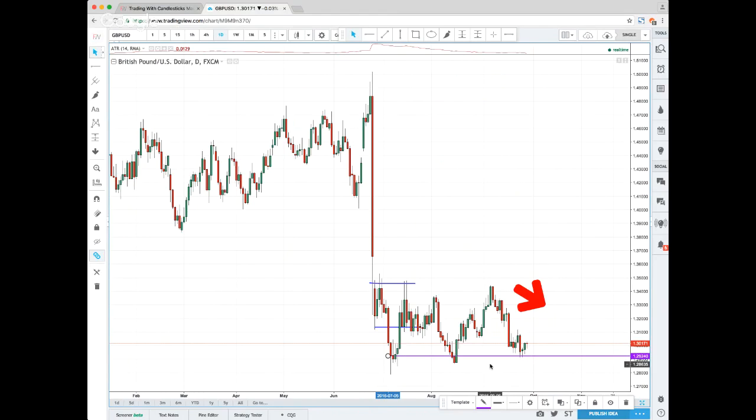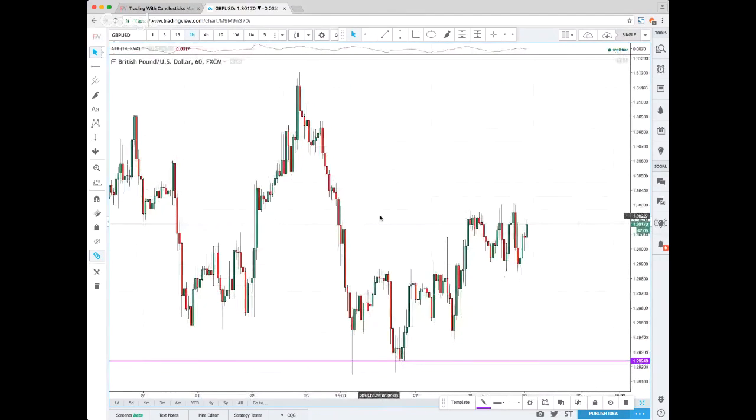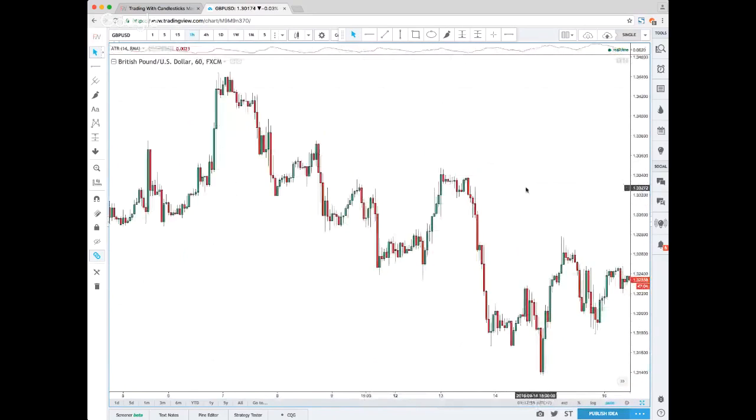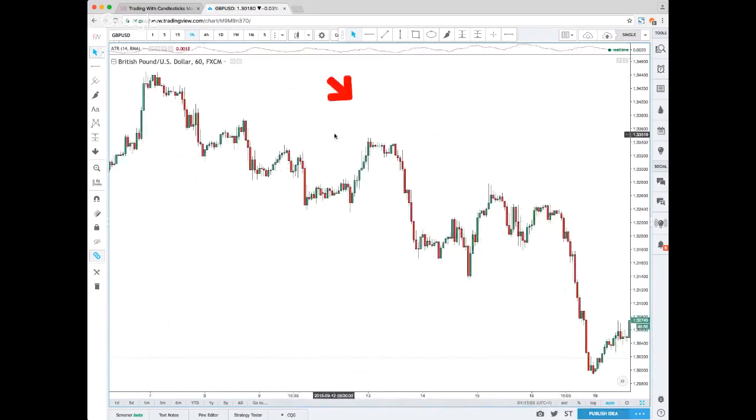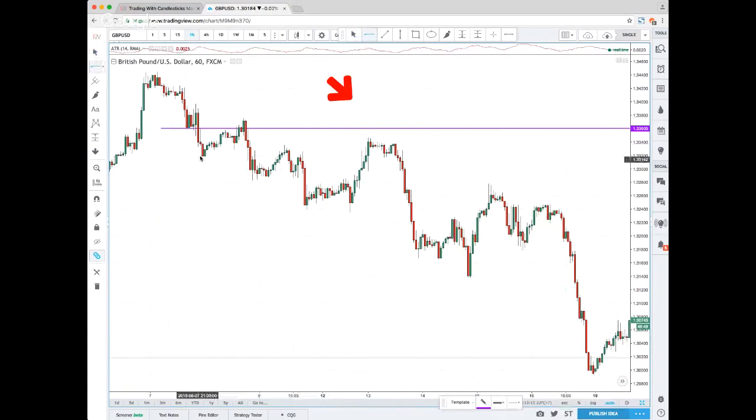Okay, so let's take a look back at the 1 hour, and let's look at this downtrend that we were just looking at. Okay, this is the one. Now in this downtrend, let's go over all the support equals resistance. We got an SNR here. We got an SNR there.